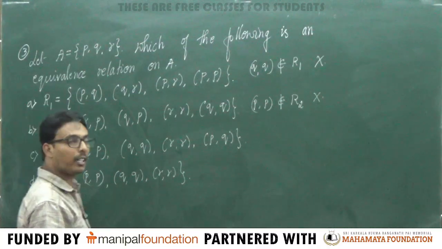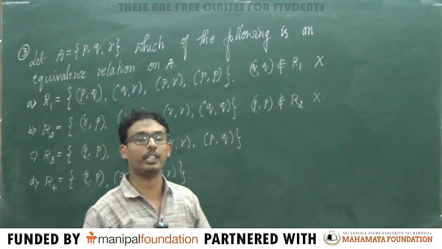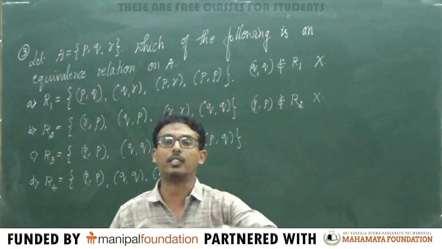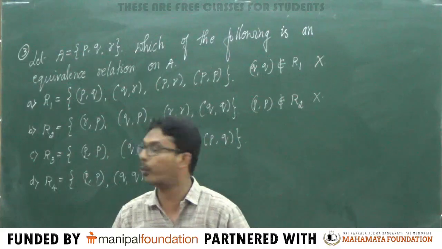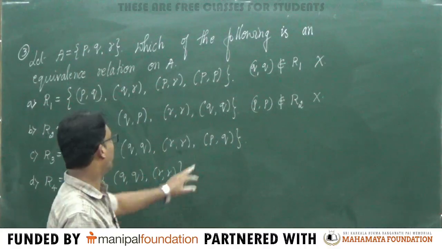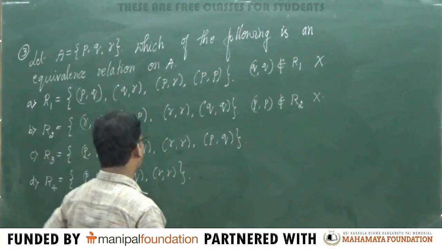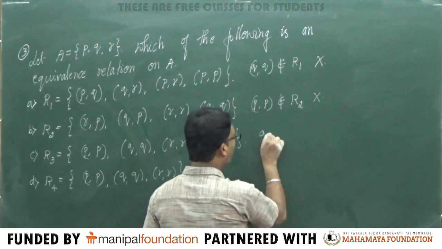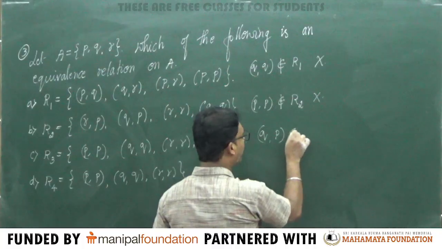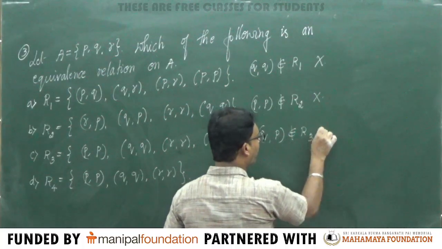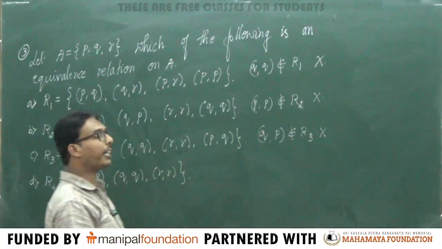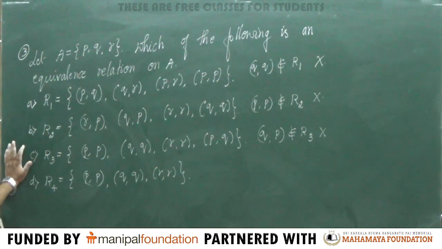To make R3 symmetric, it should also contain (Q, P), but (Q, P) is not present. Therefore, it is not symmetric, hence R3 is again not an equivalence relation.